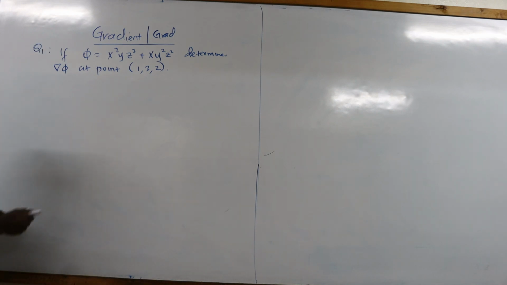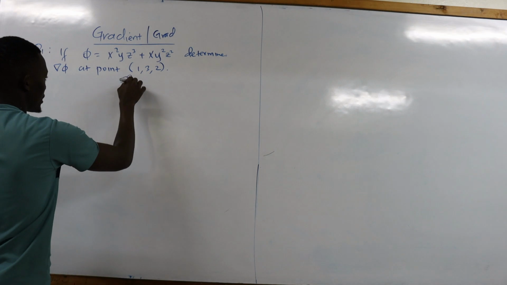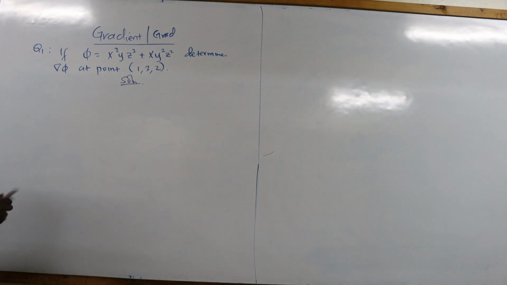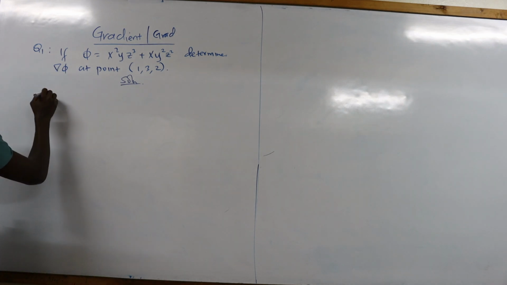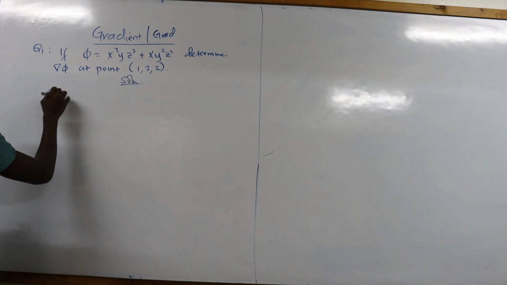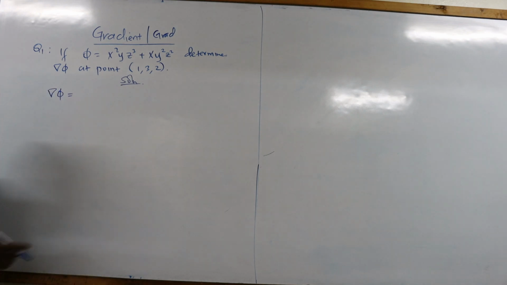So the first thing that you need to remember is how to define grad. So grad is defined by what? Now phi is always a function, it is just any function. This delta, or nabla, is our operator.